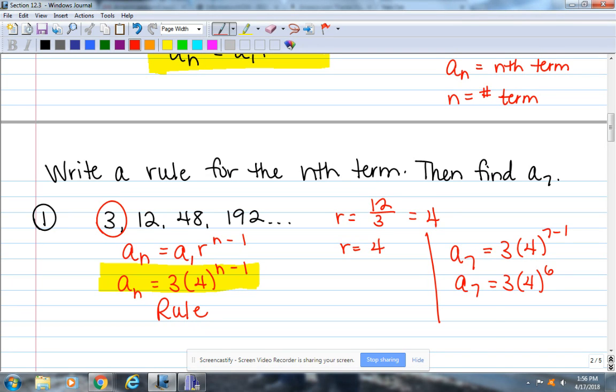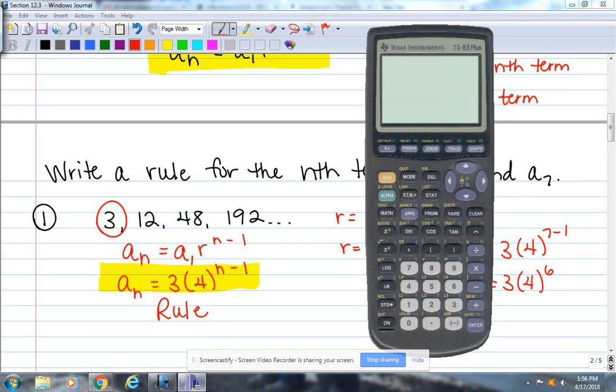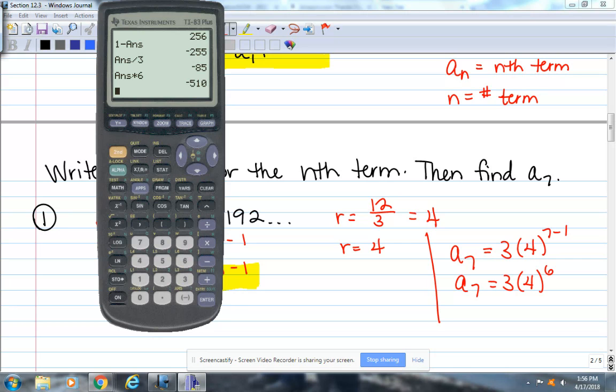Okay, now we can use our calculators. So 4 to the power of 6, you can hit enter, and then you hit times 3. And if you're good at using your parentheses and stuff, you could have typed it all straight in to start with. It's 12,288.